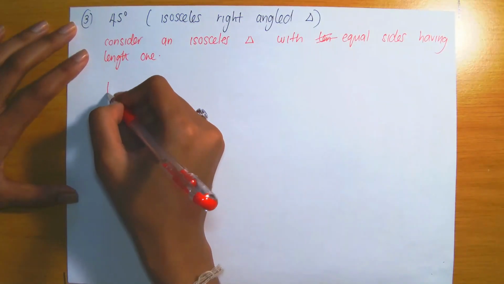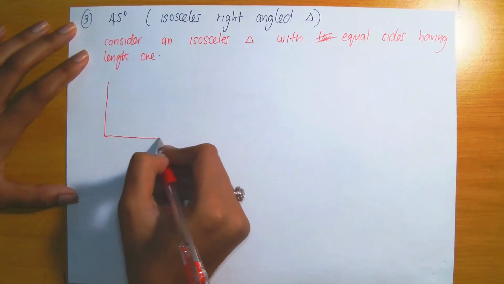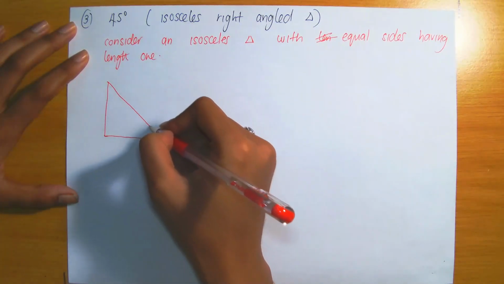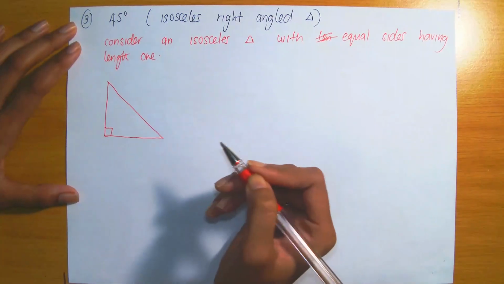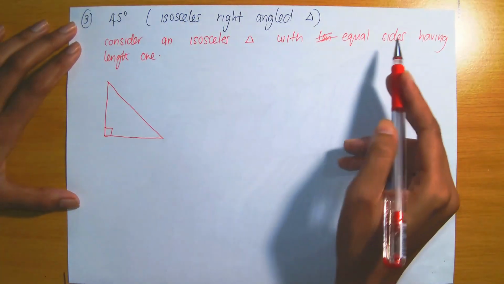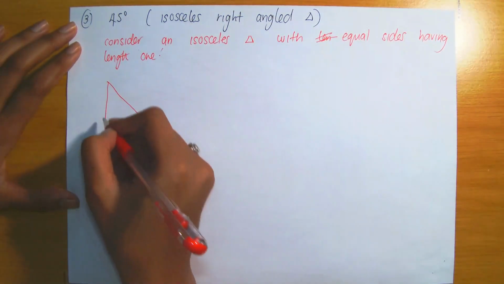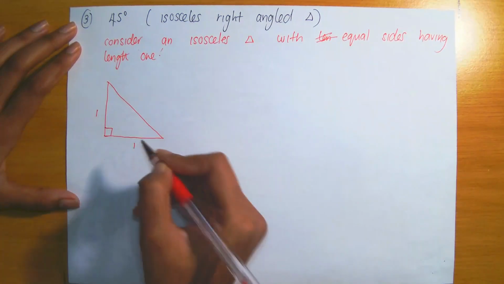So that means if I draw the following triangle, it's a right angle triangle, two sides are equal and they have length 1. So here are my equal sides with length 1.